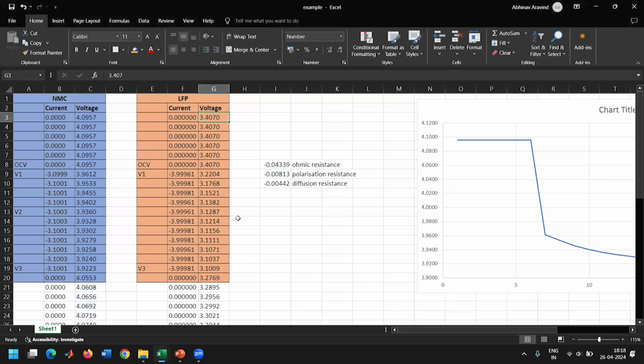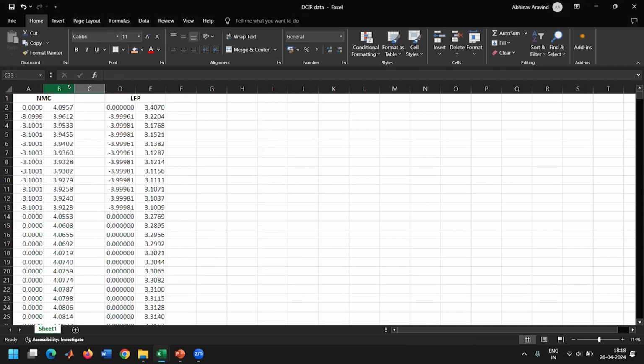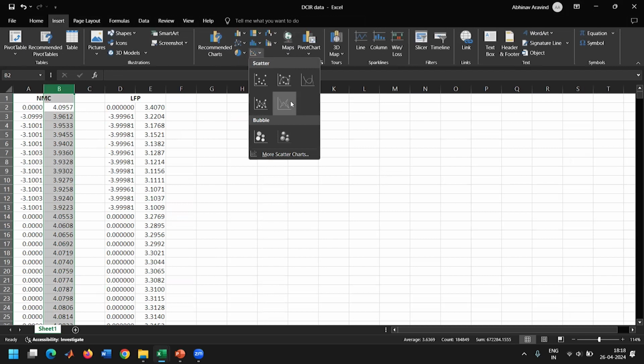So you will notice that there is a slightly different trend for the LFP cell. So maybe you can try this as an exercise, or as a short assignment, and then try to plot the difference in voltage profiles, and also the resistance profiles, between the NMC and the LFP cell. Okay, so there is also one complete DCR data that we get. Okay, so I will just plot this for you.